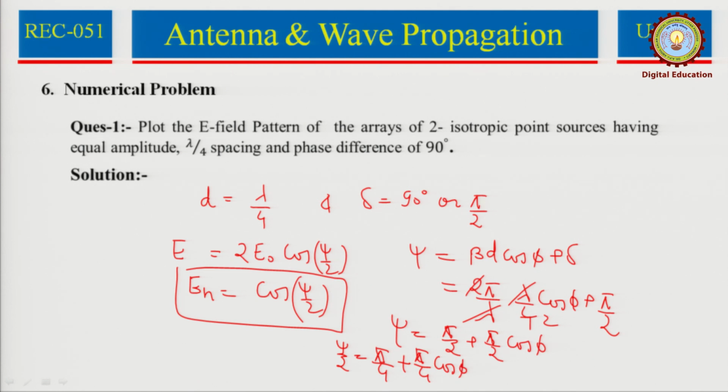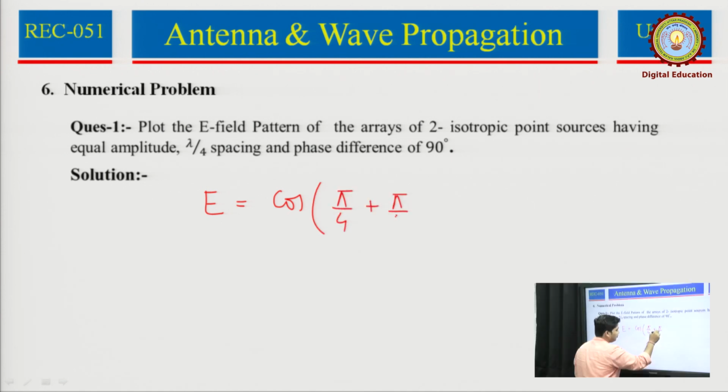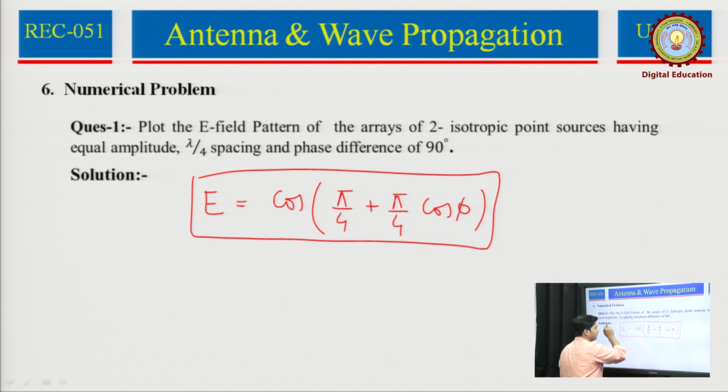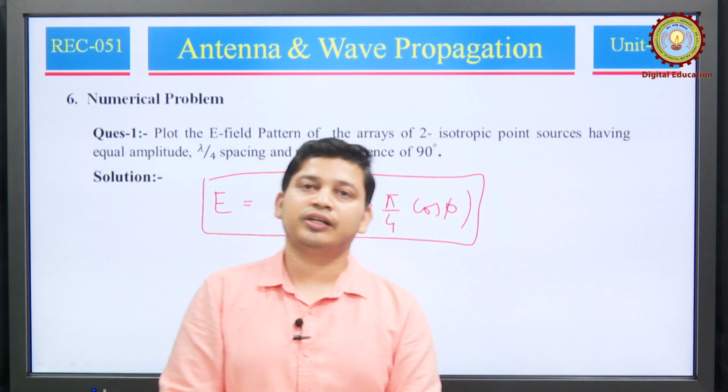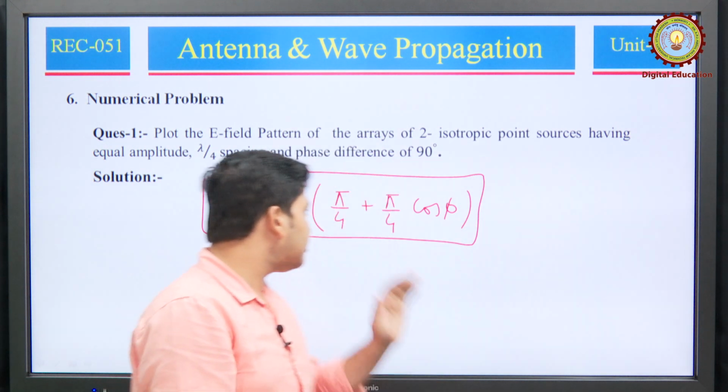So, in order to get our total field, the value of E is nothing but cos of pi by 4 plus pi by 4 cos phi. So, this is my field over here, and now we have to plot this value. For different values of phi, we have to plot the value of total electric field, and that is the electric field pattern. Okay. So, let us begin.